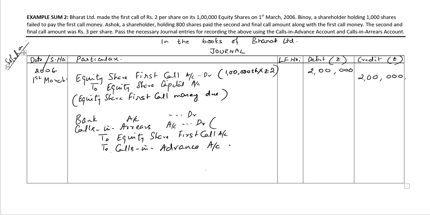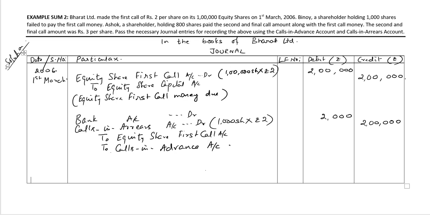The amount of calls in arrears on 1000 shares, we haven't received the first call of rupees 2 per share, which is 2000 rupees. The amount due against share first call 2 lakh rupees.